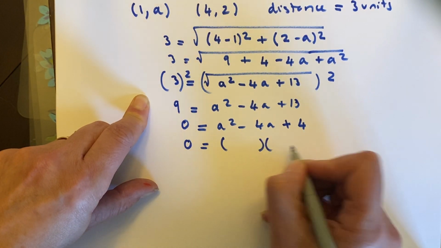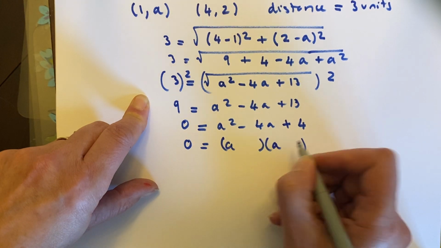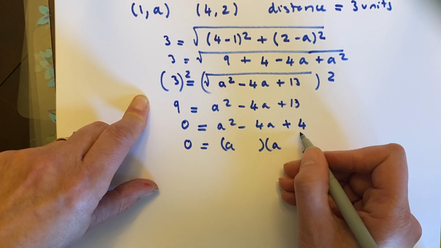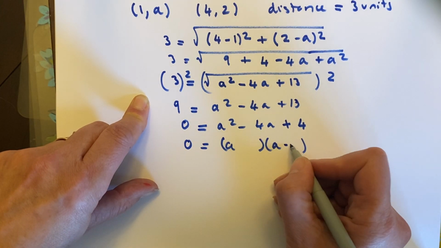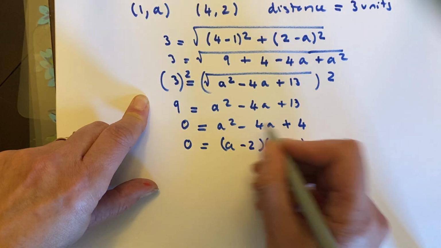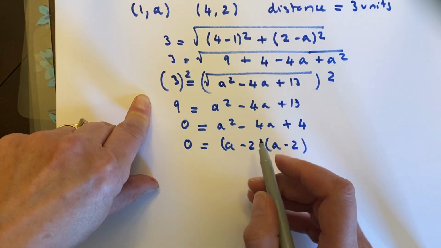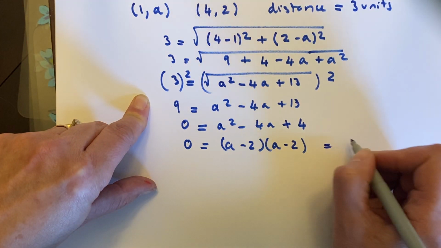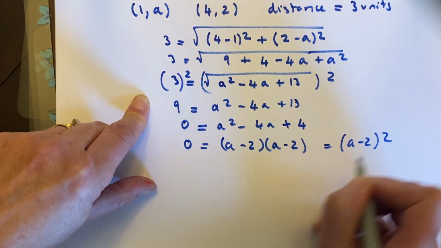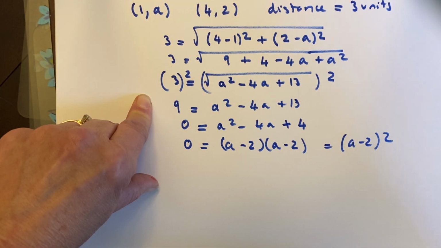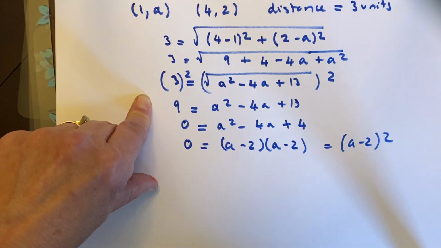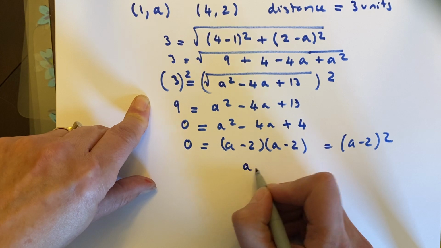If I factor, because I know negative 2 times negative 2 will give me a positive 4. And if I add them up, I get a negative 4a. So I could write it this way, or I could also write a minus 2 squared. It doesn't matter. Either way, I have one single answer for this, and that's a equals 2.